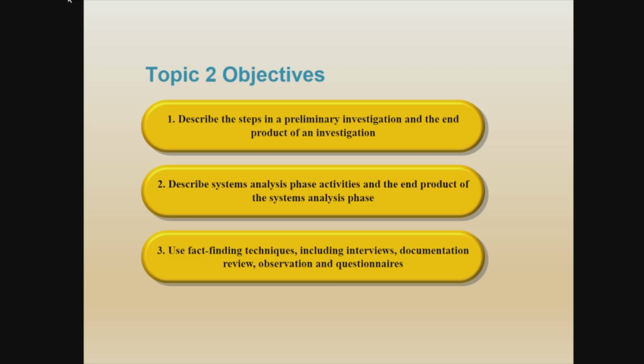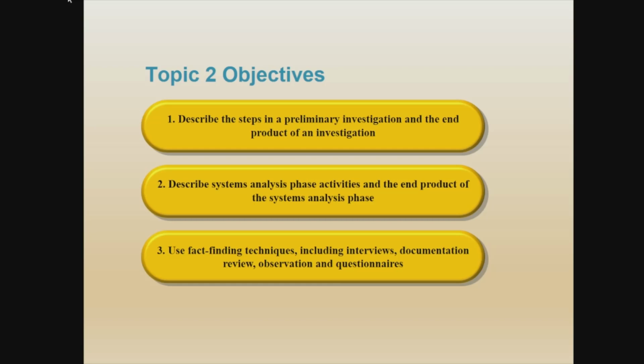system analysis phase. And then for the third objective, use the fact-finding techniques, including interviews, documentation reviews, observation, and questionnaires. Okay? When you do the investigation, you should know what the steps are and what the activities are. Some of the activities might be the interviews, the review of documents, and observing the current situation.